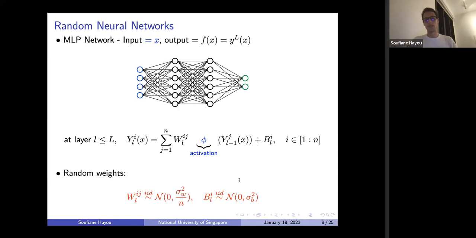So I'm initializing with zero mean. Now, why do I divide by N here? Remember, N is the width. It's because I sum N terms here, right? So if the variance of this thing doesn't scale as 1 over N, it will explode as N goes to infinity.